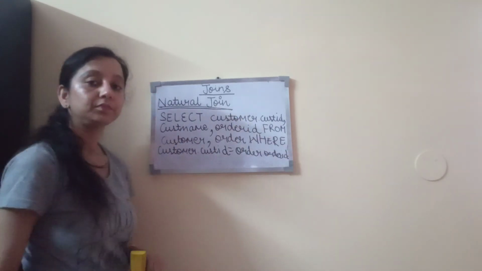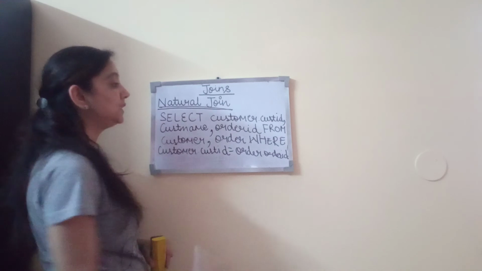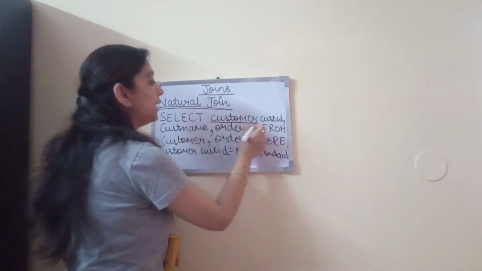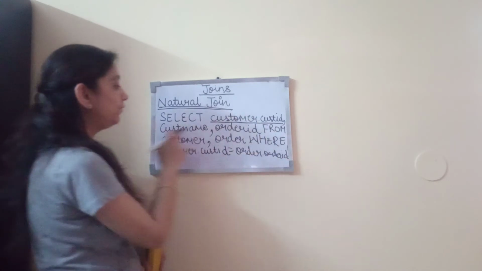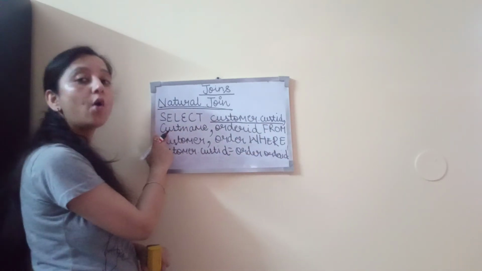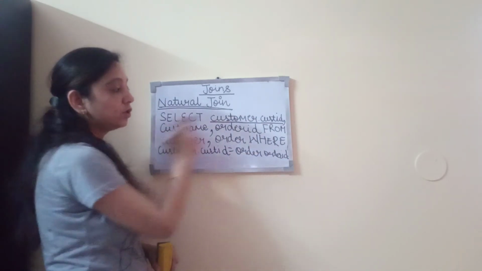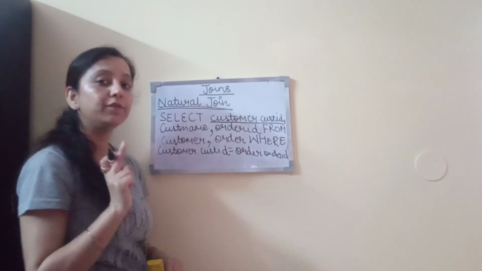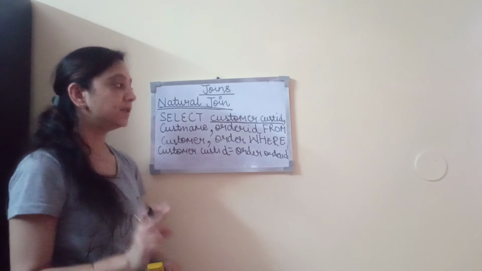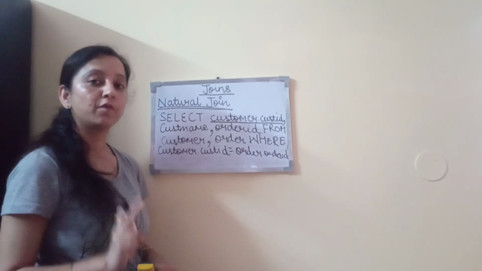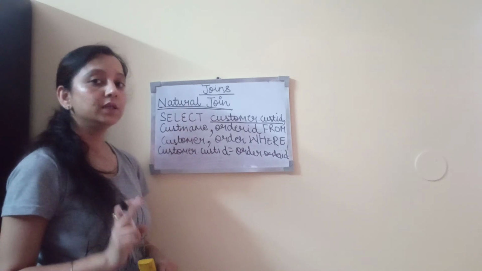ID. So everything is same except for the fact that here we have written customer.customer ID. After that we have not written order.customer ID. So the customer ID we have taken only from one table instead of taking from both the tables. That is, the matching column we have taken only from one table, not from both the tables.